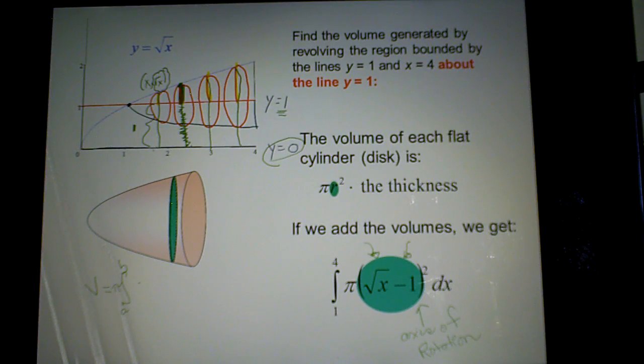Pi times the radius squared, but your radius of your potato chip comes from the function minus your axis of rotation.